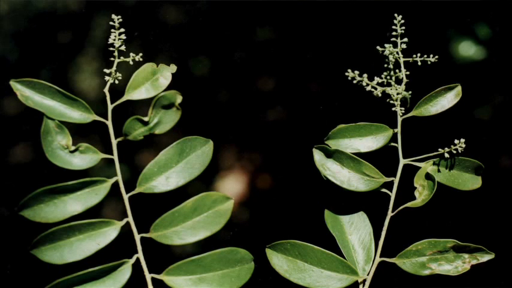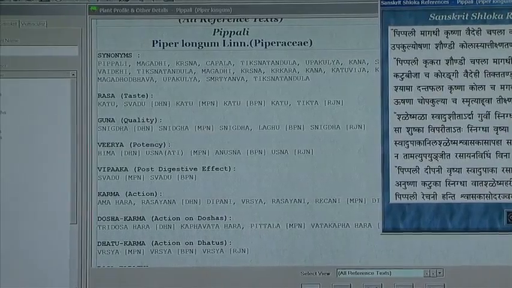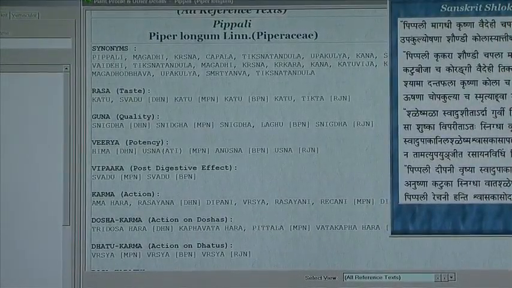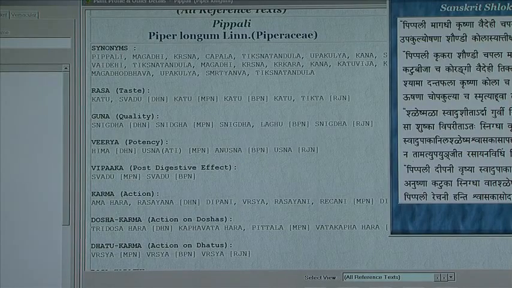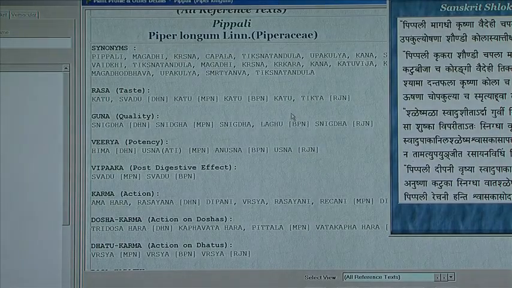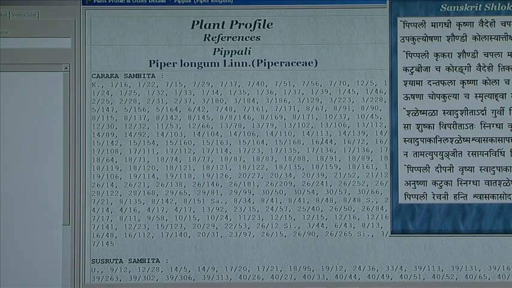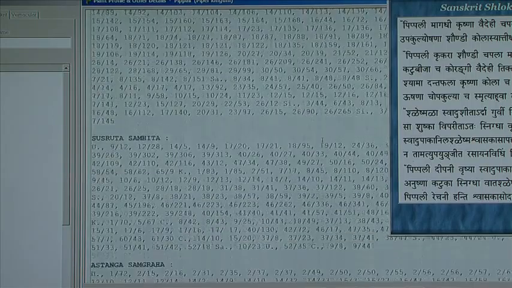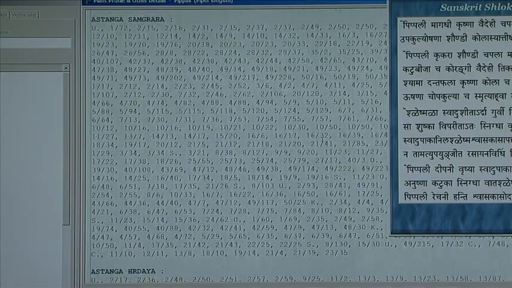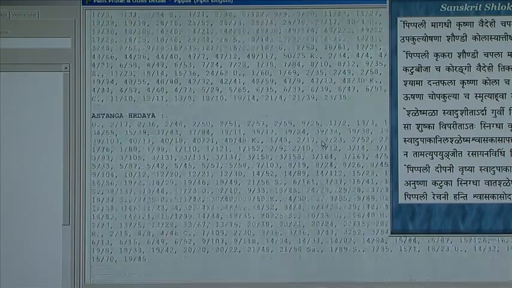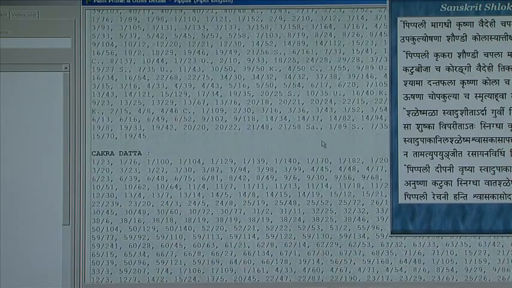Along with the botanical database, we also have an Ayurvedic database which captures the Ayurvedic pharmacology of around 2,000 medicinal plant species and incorporates shlokas from the classical literature of Ayurveda spanning a period extending over 1500 BC to 1900 AD.